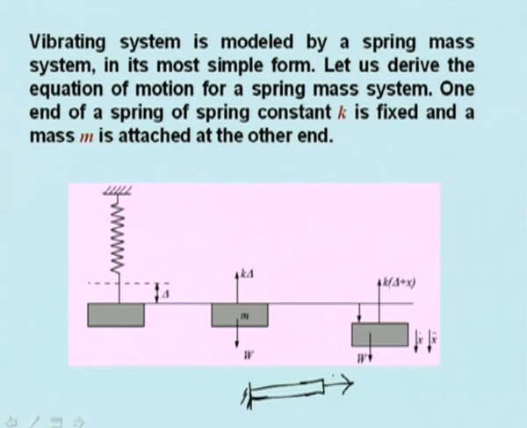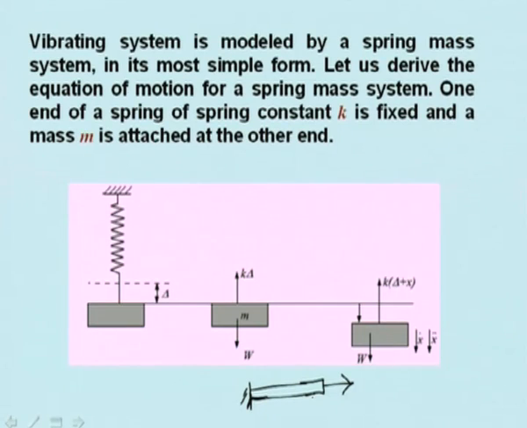So it is basically a type of spring. The rod also can be modeled by a spring. Similarly, the mass may be distributed, but you can concentrate the mass at one point, so you can make a simple model of that real system. Let us derive the equation of motion for a spring of spring constant K.